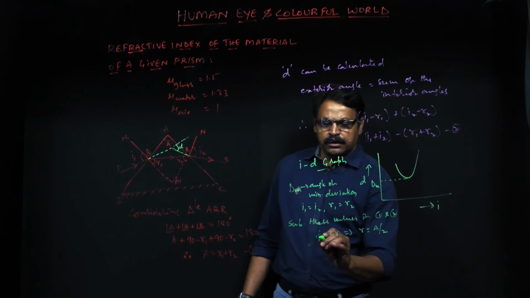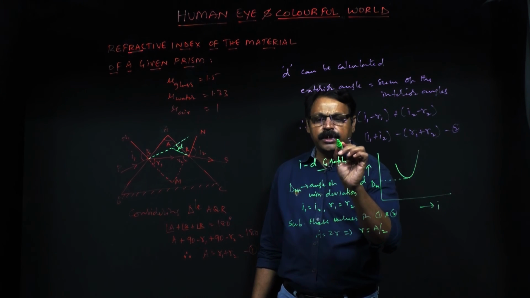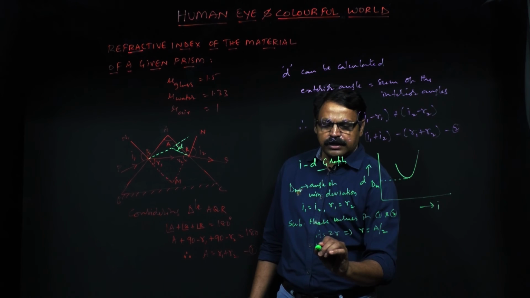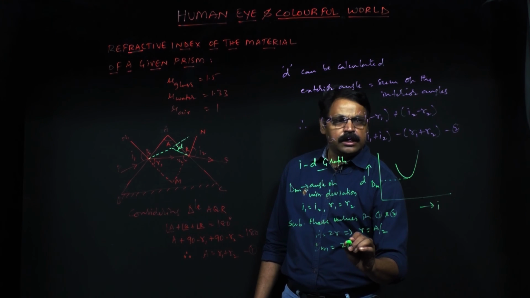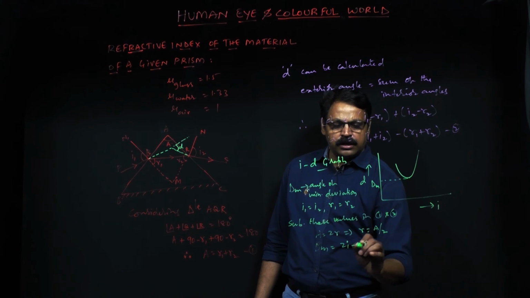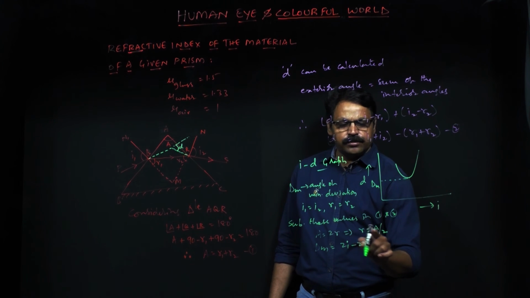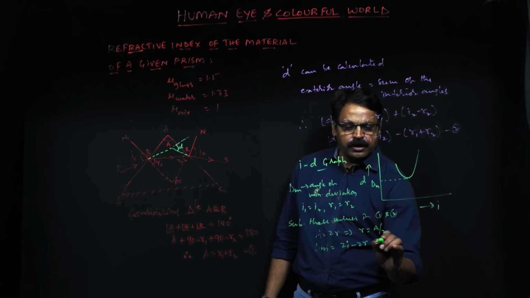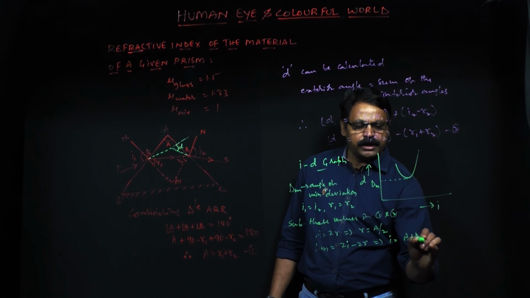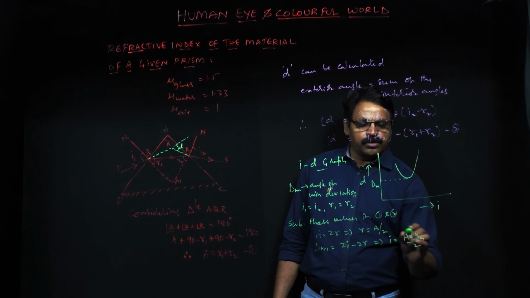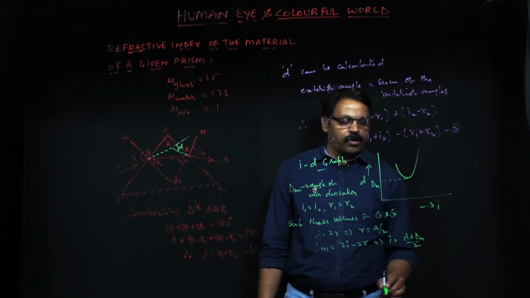Therefore, DM comes out to be 2I minus 2R, and 2R is nothing but A. Therefore, I comes out to be (A plus DM) by 2. So we have got the R value and the I value.